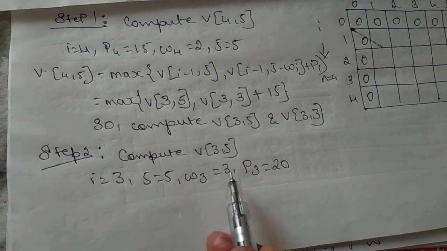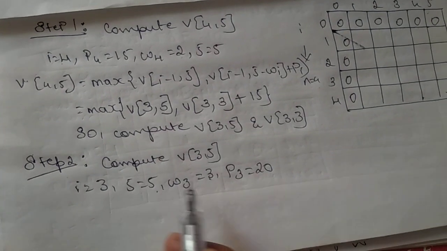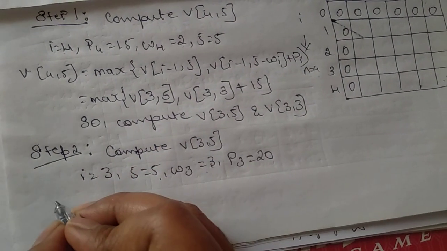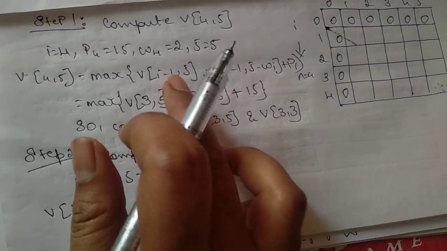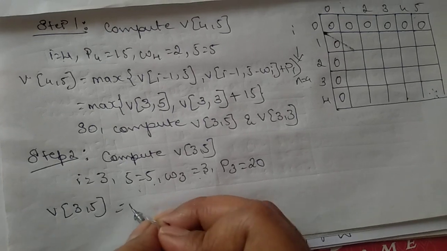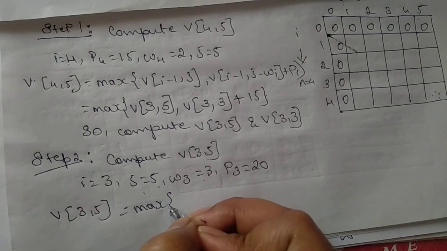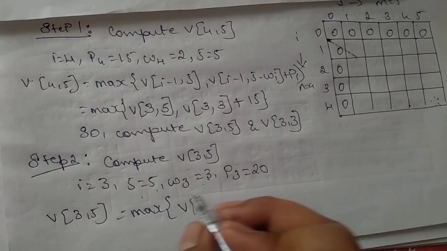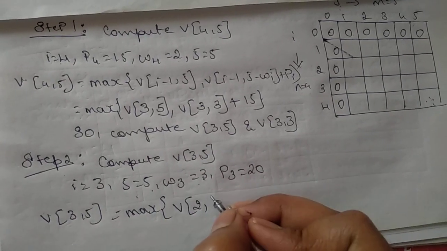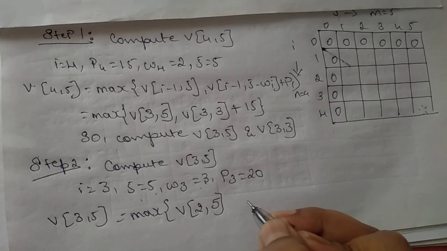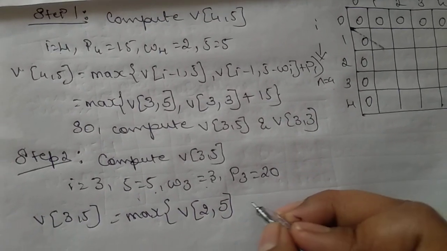Here you just see even 3 is less than 5, that is W is less than J. So you have to just take the same formula, max. I'll just write it directly. Max V of I minus 1, that is 3 minus 1 is 2, J value is 5; 2, 5 we are computing.